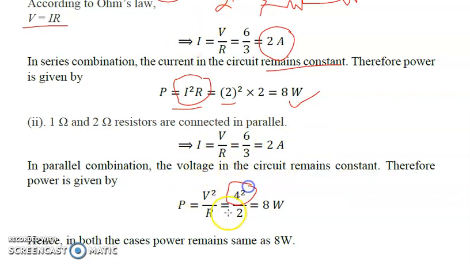V would be 4 and resistance would be 2, so P would be V square upon R, which means 4 square is 16 upon R is 2, which gives us the value 8 watt, and current will be this much. I is equal to V by R.